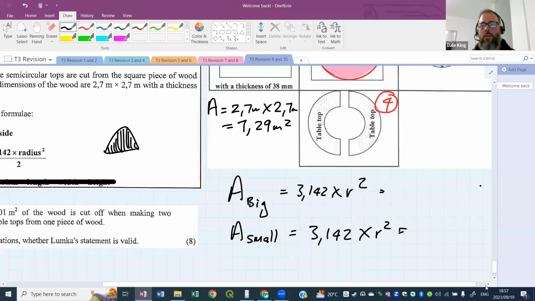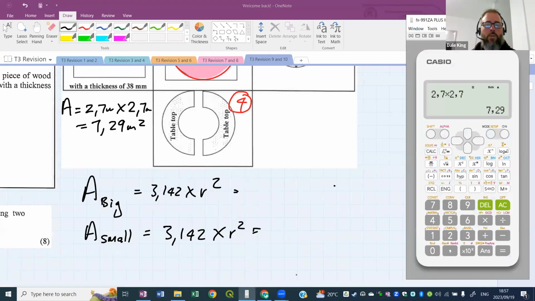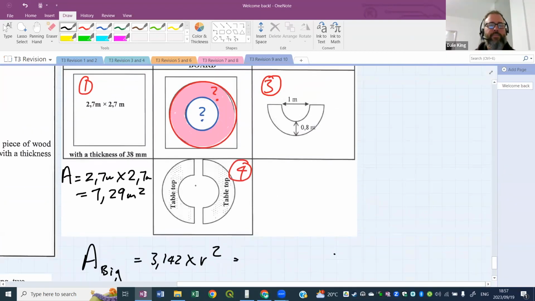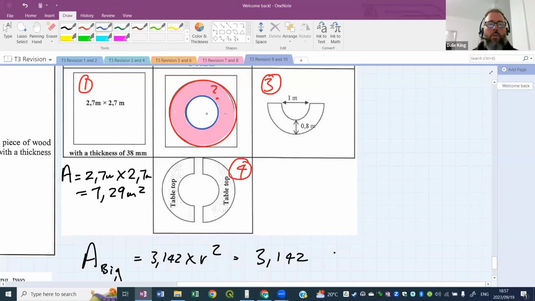All right. So I'm going to quickly do these. Now, what is the radius of the big one? It's 0.5 of the big one. Oh, sorry. Yeah. So it's as if we're going from the middle all the way to the edge.